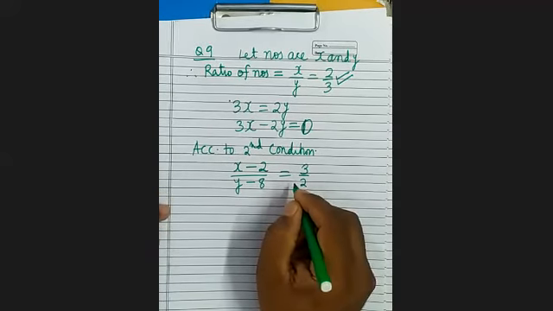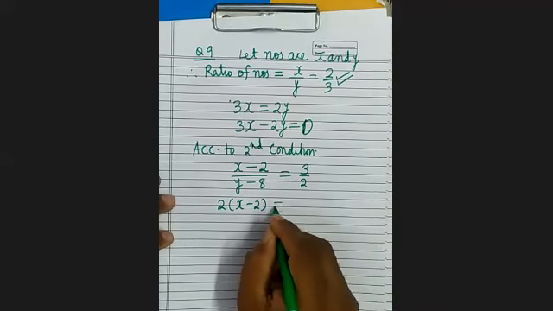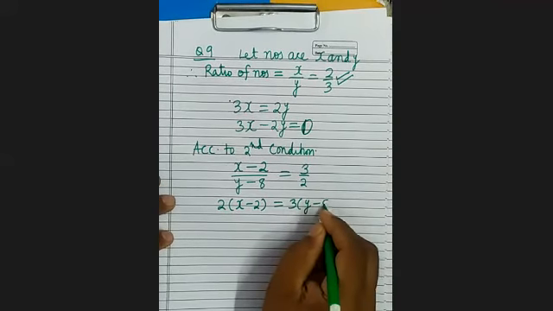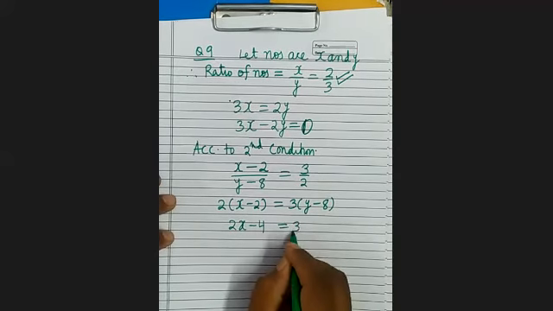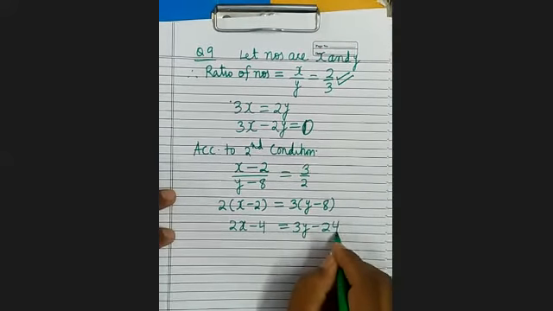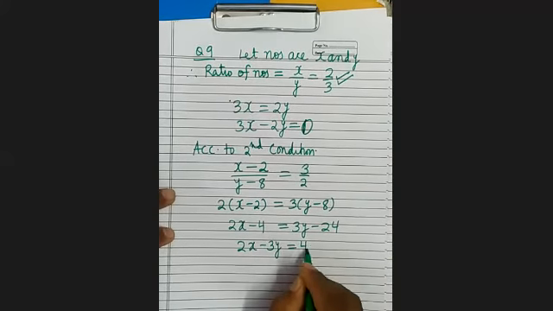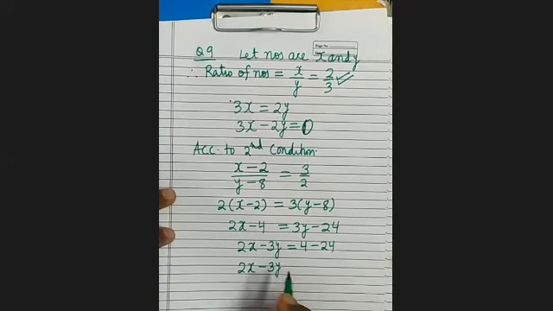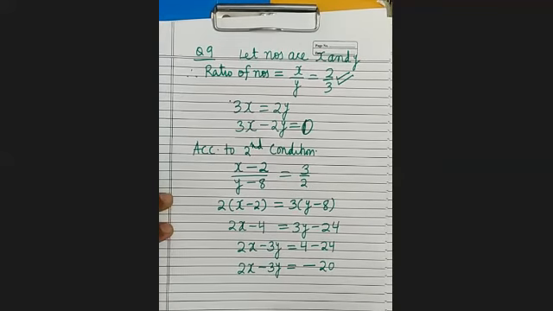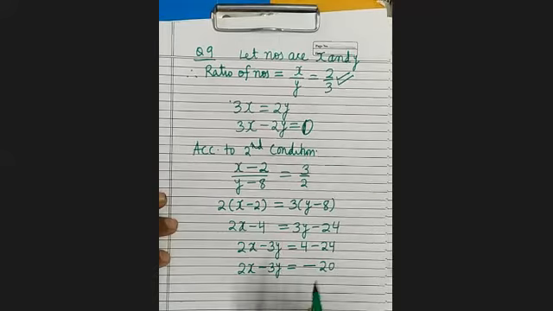Now cross multiplying, it is 2x minus 4 equals 3y minus 24... so 2x minus 3y equals minus 20.